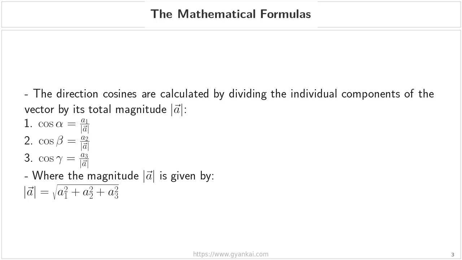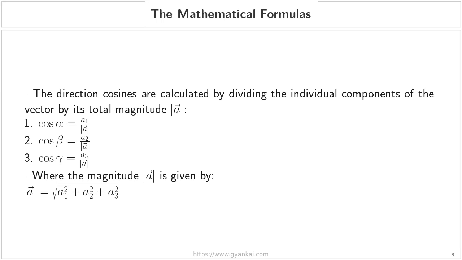But you might be wondering, how do we find that magnitude itself? Well, as we've seen in our previous lessons on 3D vectors, the magnitude of A is calculated by taking the square root of the sum of the squares of its components. In other words, the magnitude of A equals the square root of a sub 1 squared plus a sub 2 squared plus a sub 3 squared.